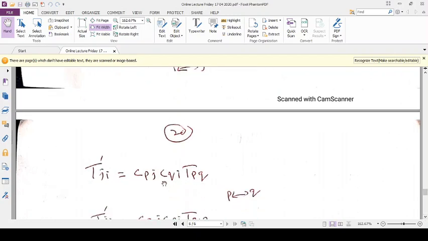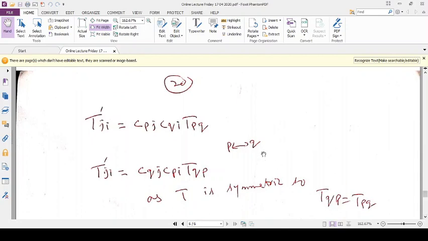So here will be Cpj and Cqi Tpq. Next, we know that p and q are dummy indices. We again interchange p and q. Here will be q and here will be p and here will be qp.